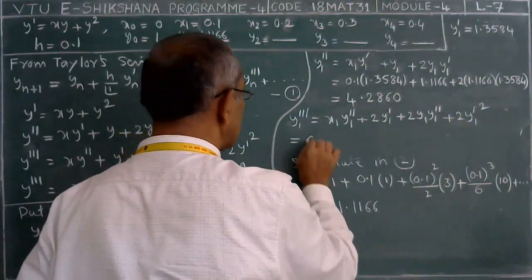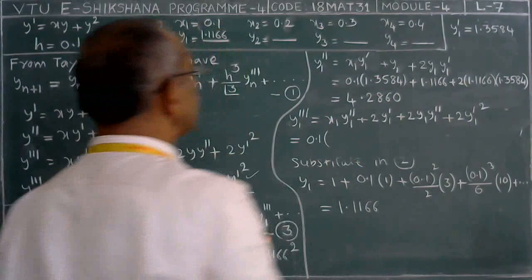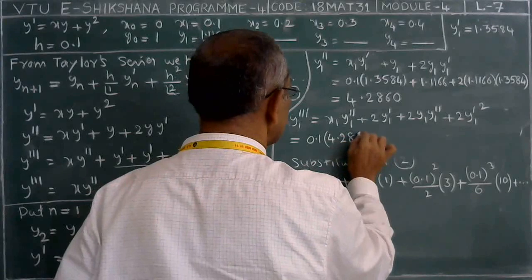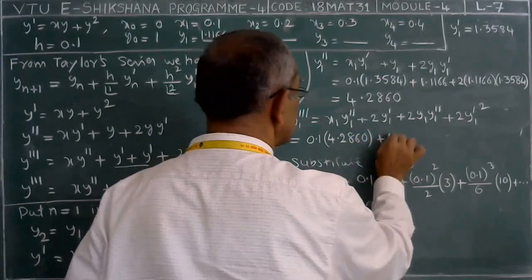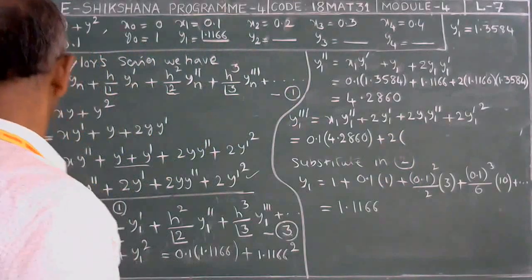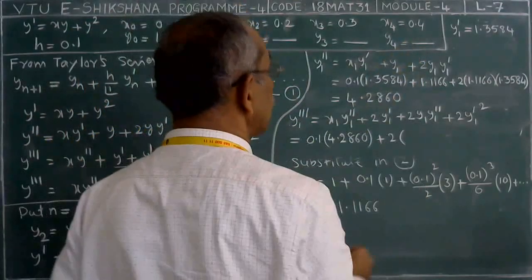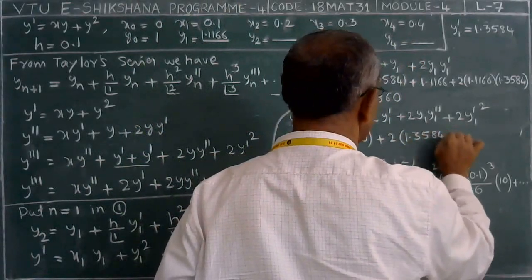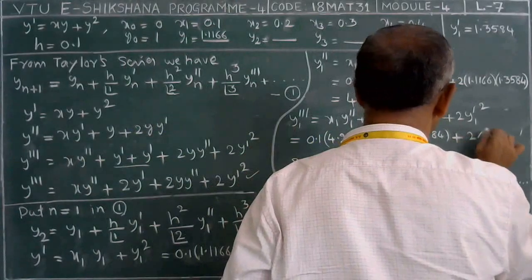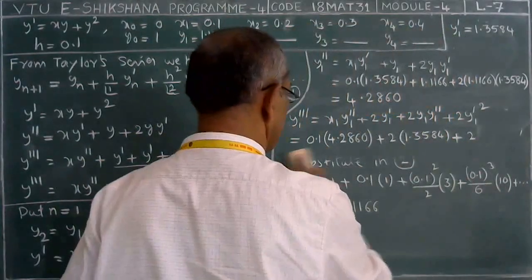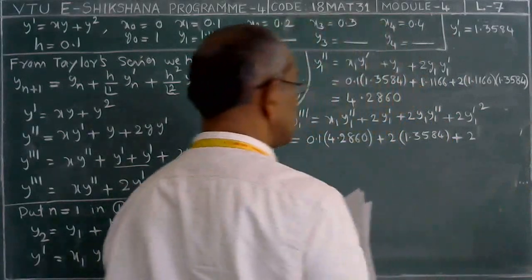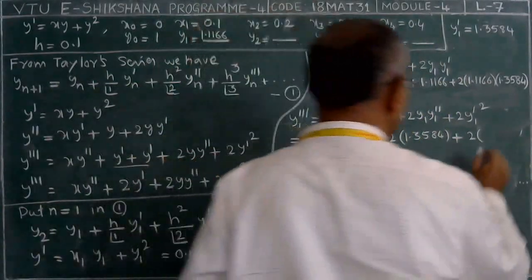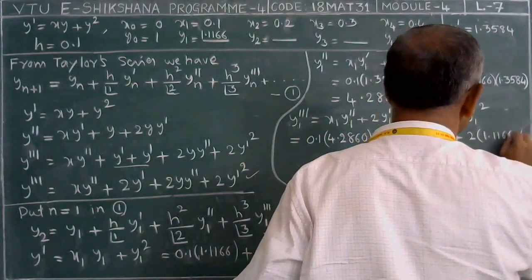So this is equal to x1, which is 0.1, into y1 double dash, which is 4.2860, plus 2 into y1 dash, which is 1.3584, plus 2 into y1, y1 is 1.1166, right?